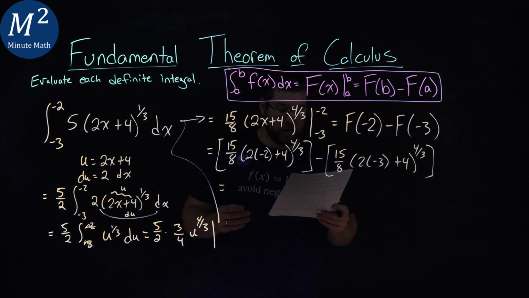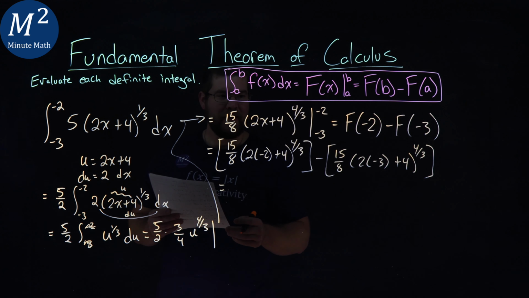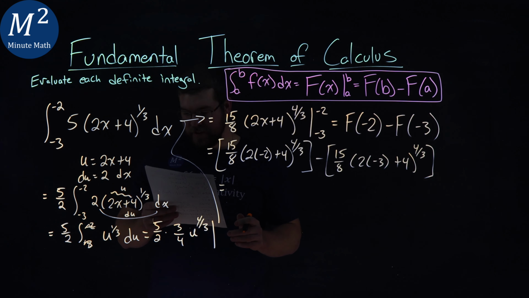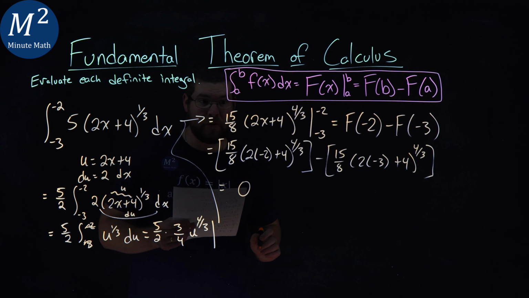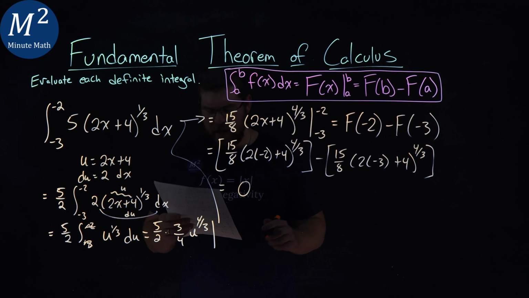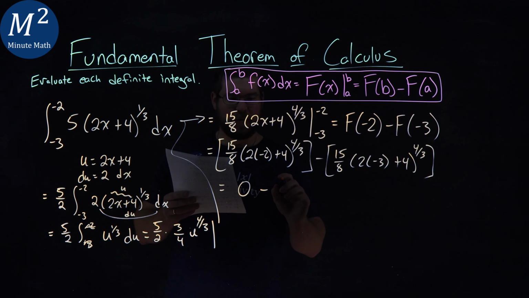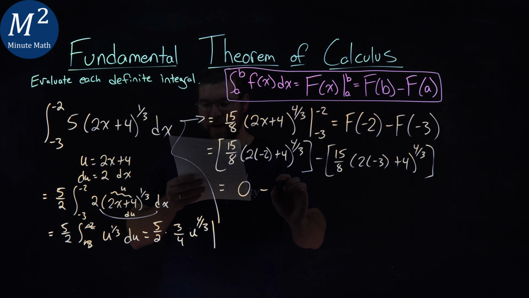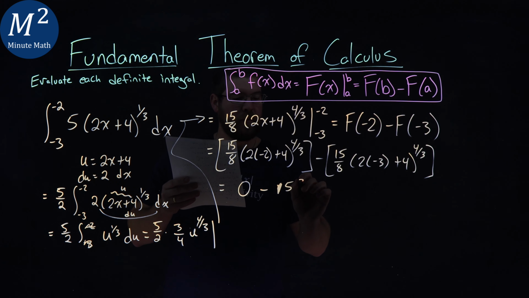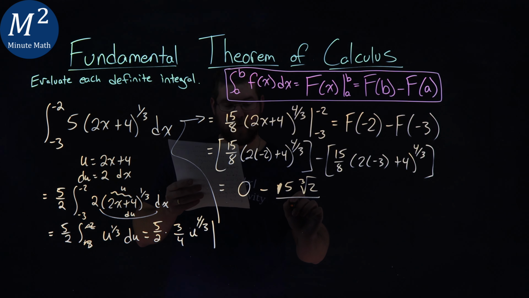Luckily, I've done the hard work for you here. When we plug in -2 into our function, it comes out to be a good old 0, and that's kind of easy to see. Subtracted by, when we plug in -3 into our function, it comes out to be approximately 4.725, which actually is 15 times the cube root of 2 over 4.